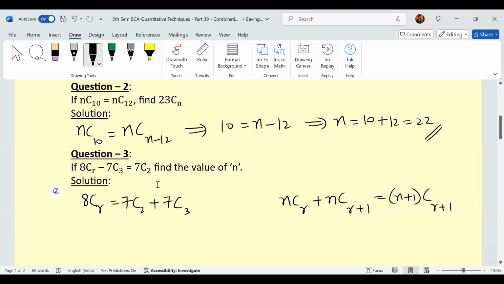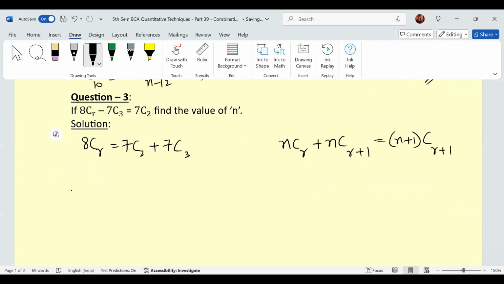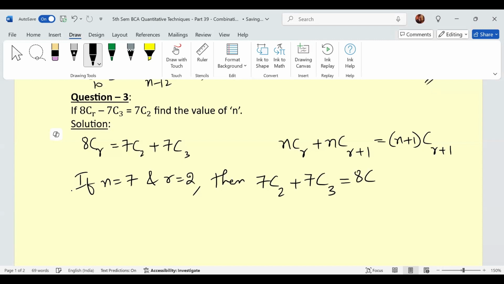So on that basis, if n is equal to 7 and r is equal to 2, then we can rewrite the above equation as 7C2 plus 7C(2 plus 1). 2 plus 1 is 3, should be equal to 7 plus 1, which is 8, C(r plus 1), which is 3.